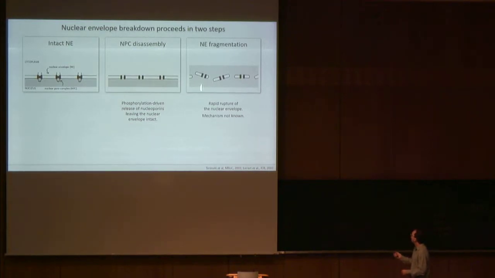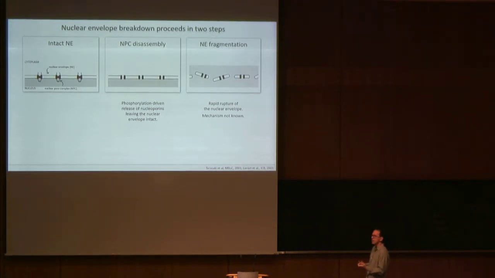If you just looked at a movie like this, it looks like it needs some force to pull. And so it really looks like some force, which might be generated by the cytoskeleton, needs to help this rapid rupture and removal of the membranes.